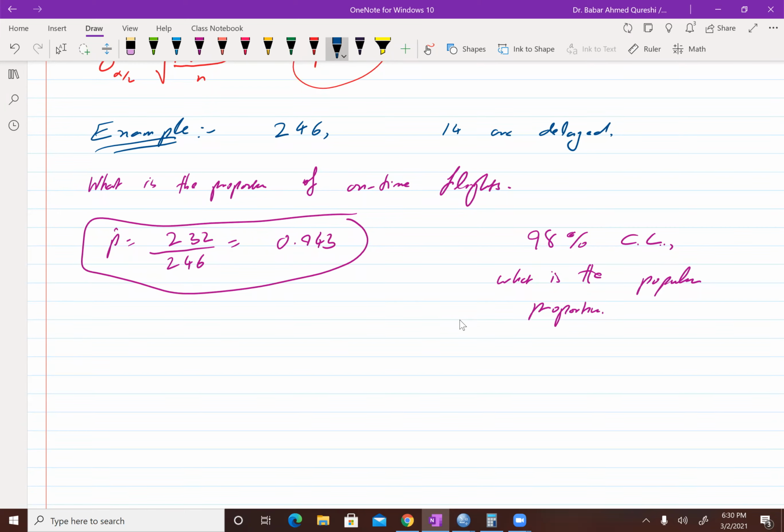So this time you are just computing a normal variable. And since beta is 0.98, alpha is 0.02, alpha by 2 is 0.01. So you have to compute that critical value of the z variable, standard normal variable, so that its cumulative probability is equal to 0.99.